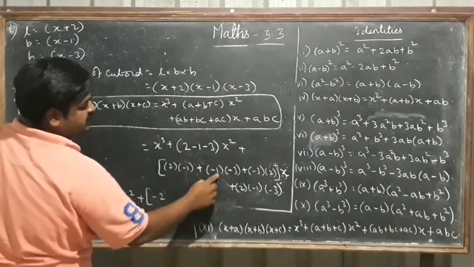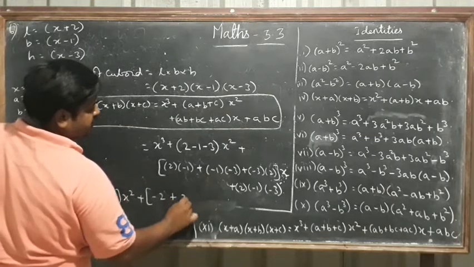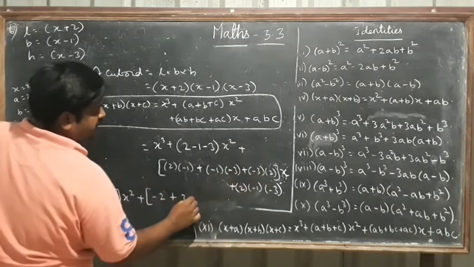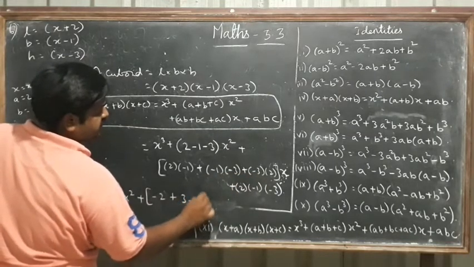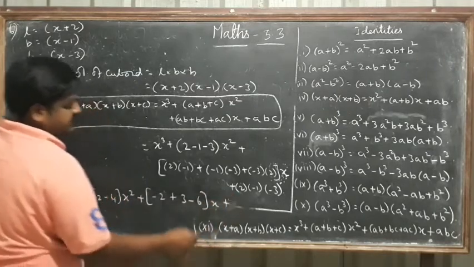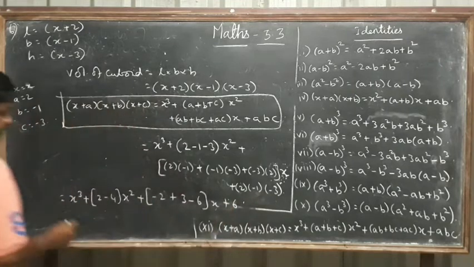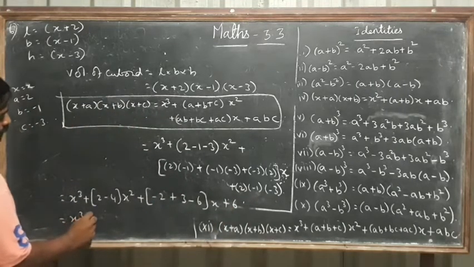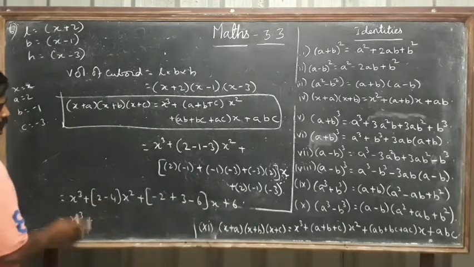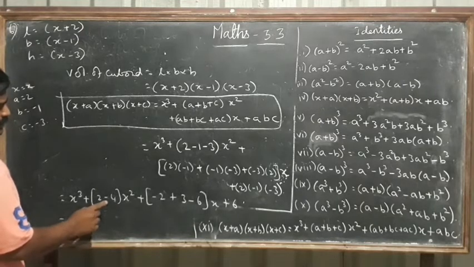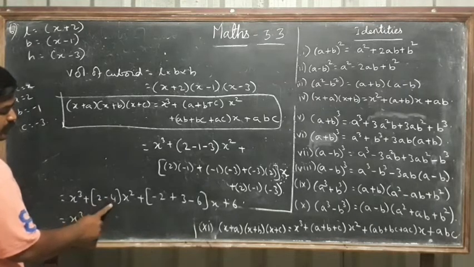Minus into minus is plus. Plus into plus is plus. 3 ones are 3. Plus into minus is going to be minus 3 twos are 6 into x plus here minus into minus is plus, 2 threes are 6, which is equal to x cube plus into minus is going to be what? Minus. The difference 2 minus 4 will be minus 2.